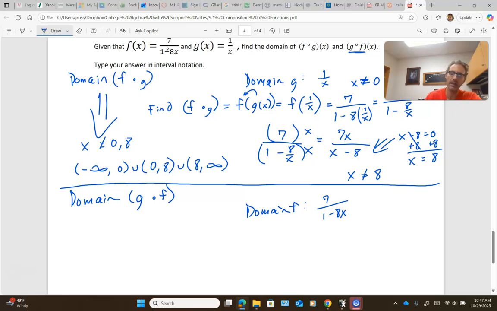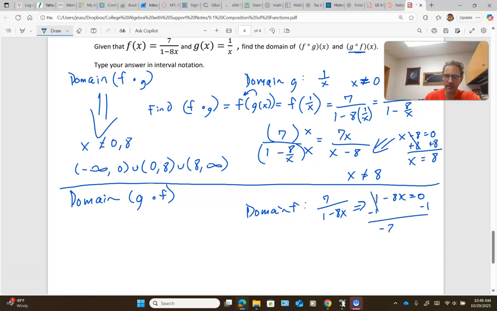And so, again, it comes down to that denominator, right? What's going to make that denominator 0? Well, this one, it's not so straightforward. So you may want to set it equal to 0 and solve it for x, and that'll tell you. So if we solve this for x, we're first going to have to subtract this 1 from both sides.